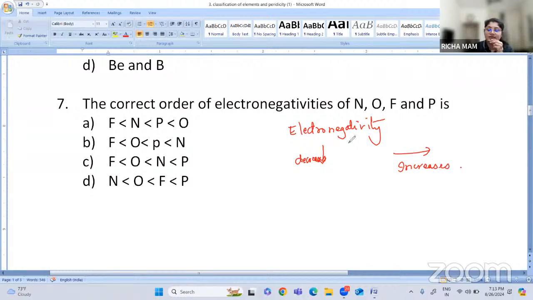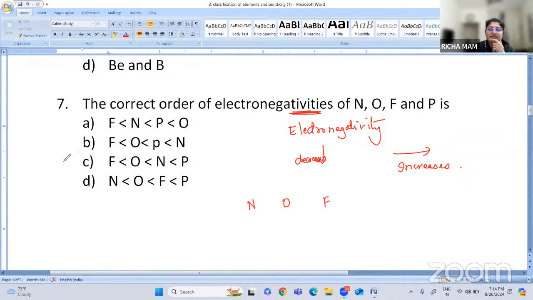Now see the placement of these elements: nitrogen, oxygen, fluorine, and here will be phosphorus. So it increases, and you have to write the correct order of electronegativities.